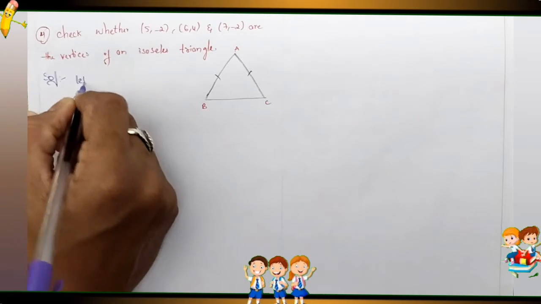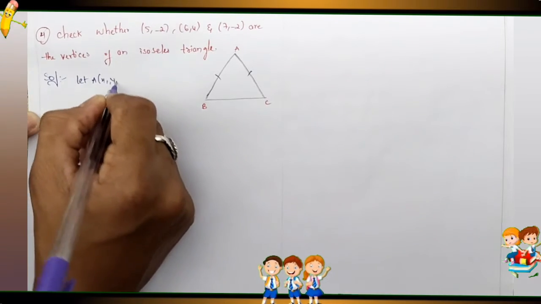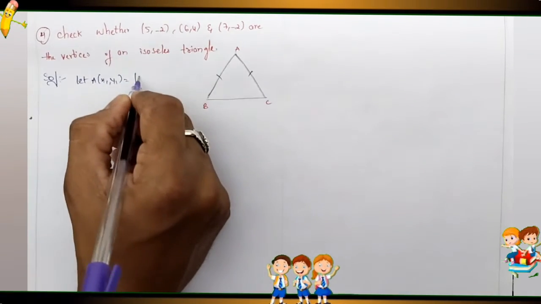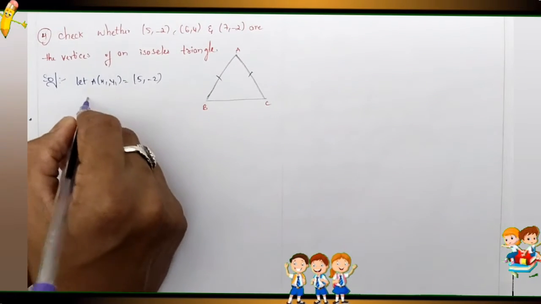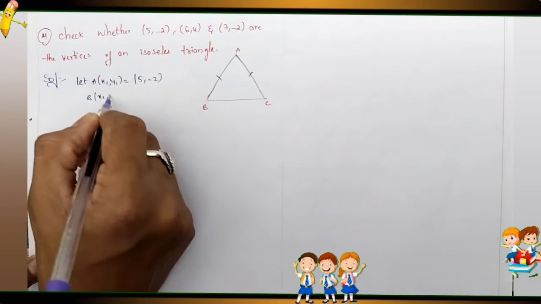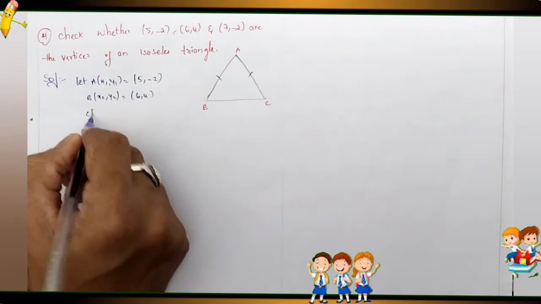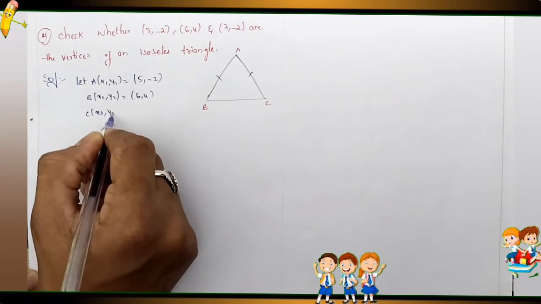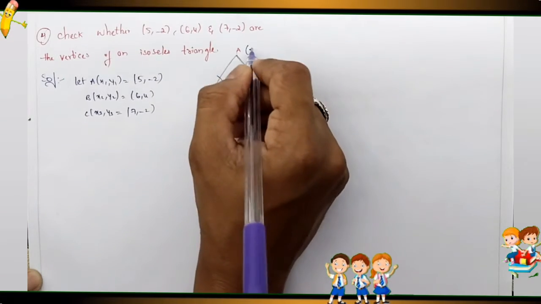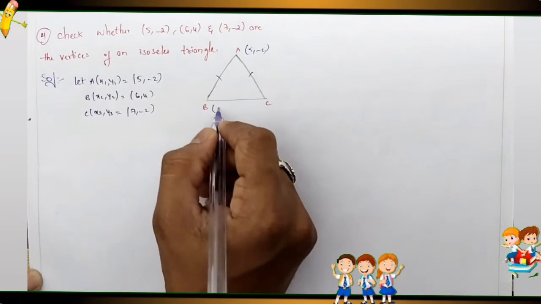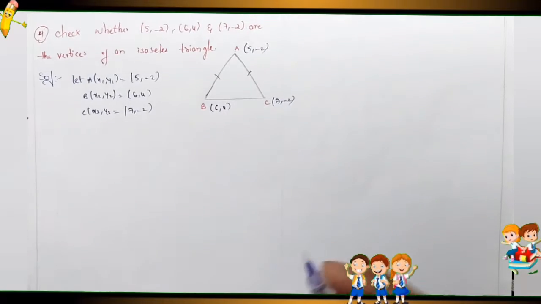So what is given here? x1, y1 is (5, -2). Now the B value, x2, y2, is (6, 4). Next the C value, x3, y3, is (7, -2). Write down here: A is (5, -2), B is (6, 4), C is (7, -2).